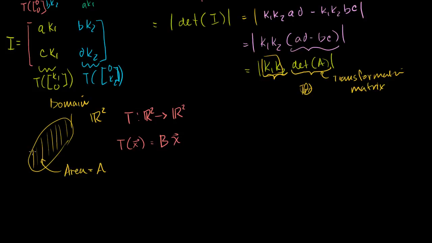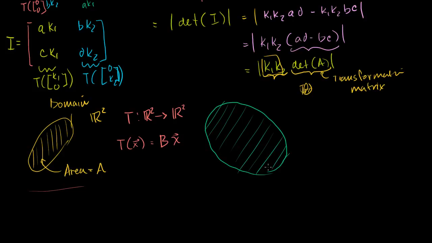If I take the image of this area under T, let me do it in a codomain. Let's say my image under T looks something like this. I don't know what it's going to look like, but something like that right there.